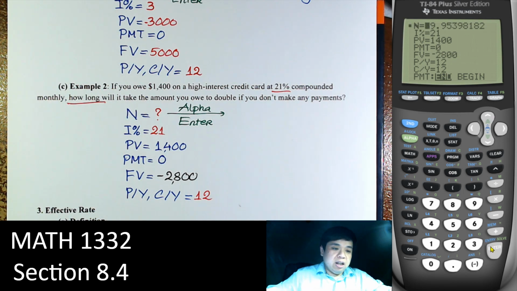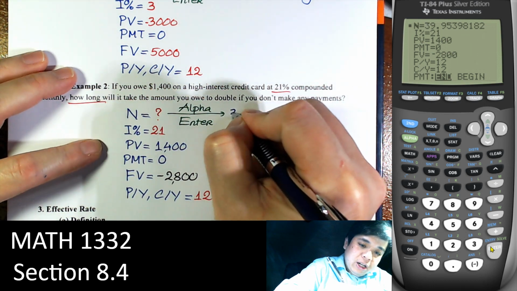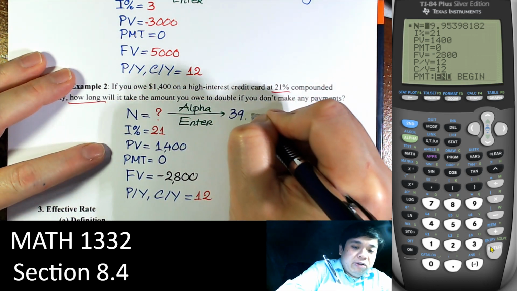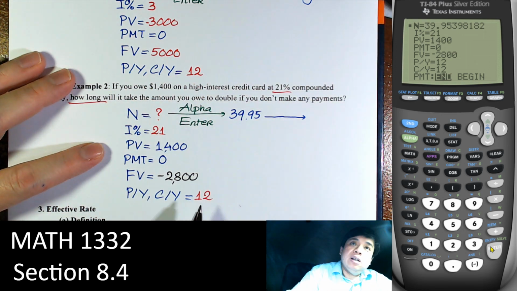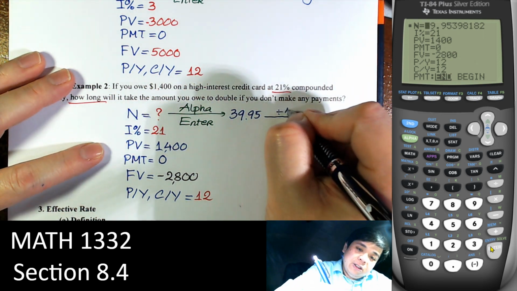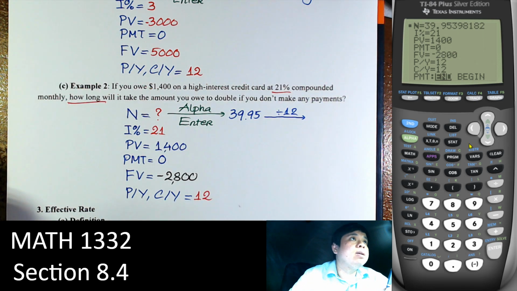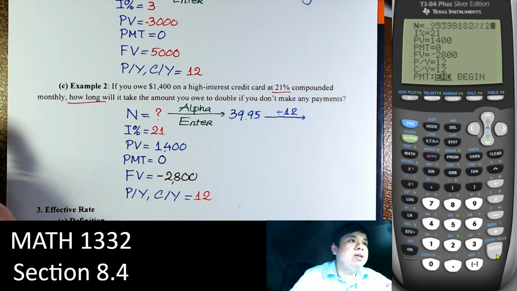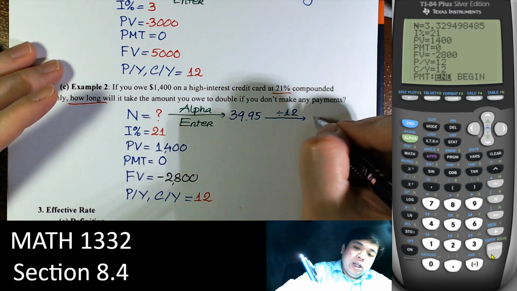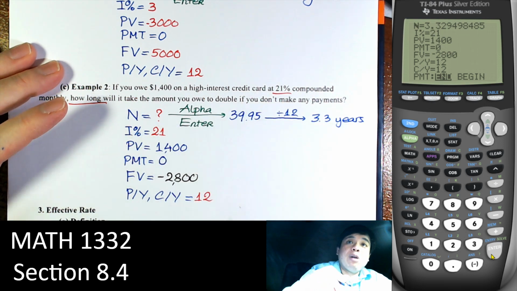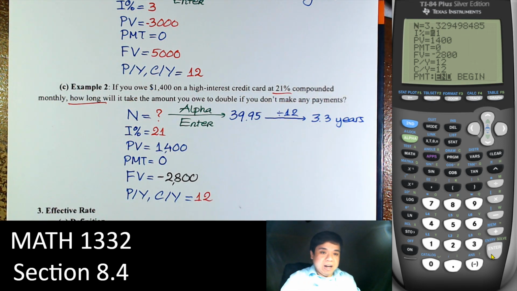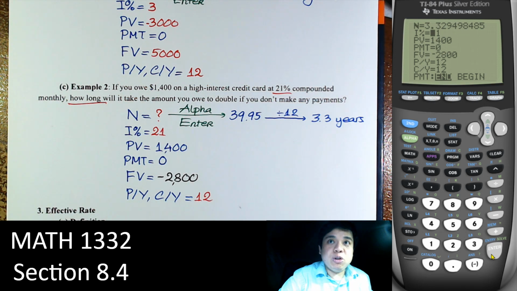So I have 39.95. That is the number of periods, divided by 12. Go way down here, divide by 12. So that's 3.3 years, about 3 years and 4 months to double. Because the interest rate is a lot higher than the others.